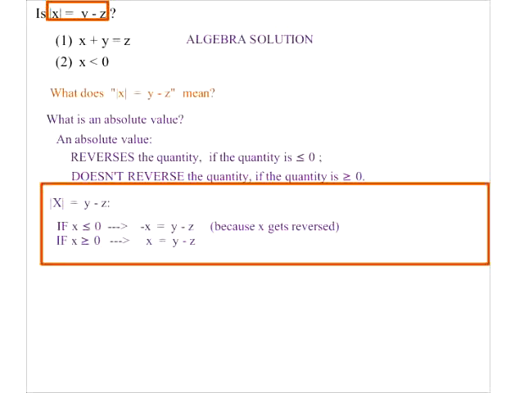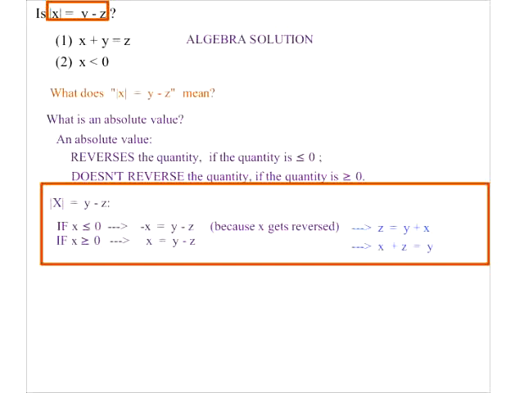So we can rearrange these things so they look a little bit more like statement 1. If you move things around so that everything is positive, then this statement here becomes z equals y plus x. This statement here becomes x plus z equals y.